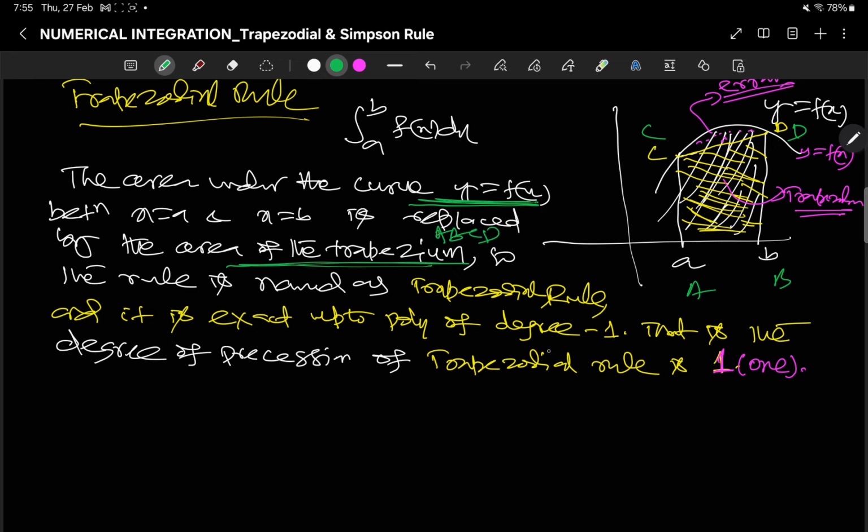That's why the rule is named the trapezoidal rule. And this rule, as you see in example 1, is correct up to a polynomial of degree 1. So that means the degree of precision of the trapezoidal rule is 1.